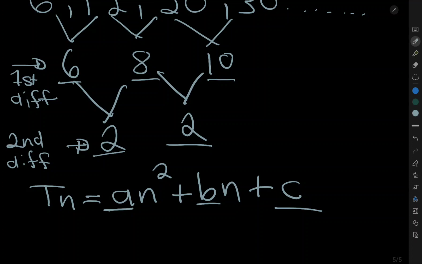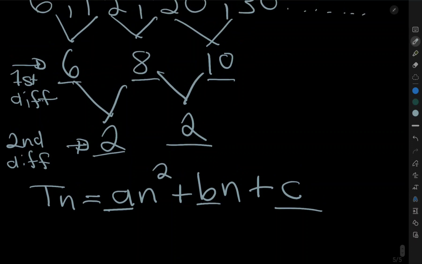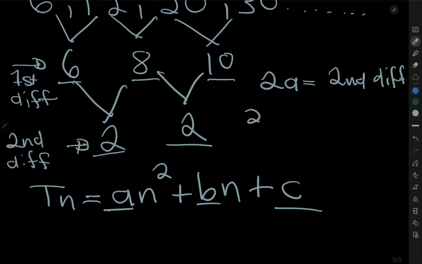The first thing that we need to do is to use the second difference. We say 2a is equal to the second diff. In this case, 2a is equal to 2, and to find a, we just divide both sides by 2, and we know that a is 1.